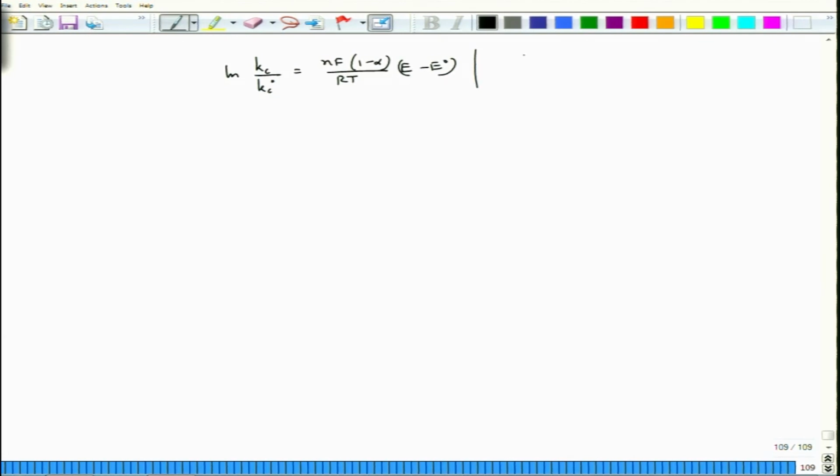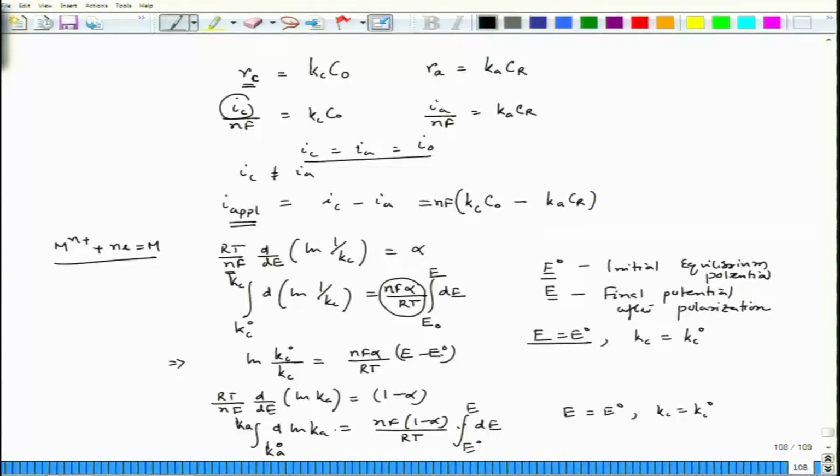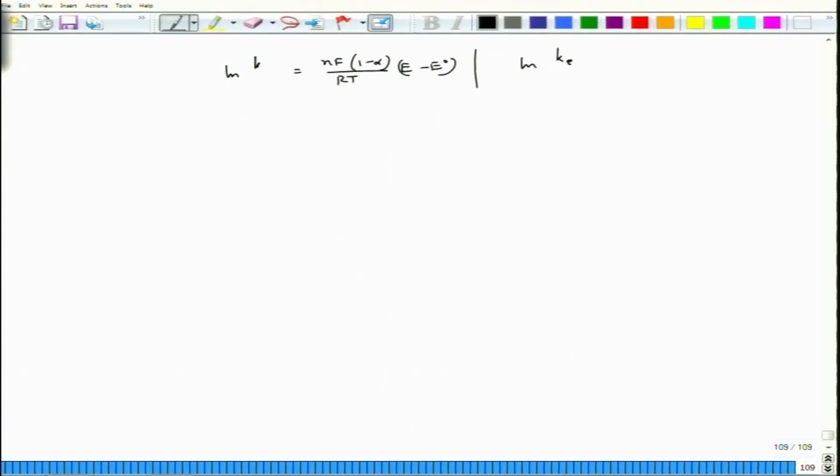This is for the reductive case, and another case, ln K A, sorry, here it would be, if we say this should be K A. So, this would be ln K A by K A 0, and this is K C 0 by K C equal to n F alpha by R T (E minus E 0).